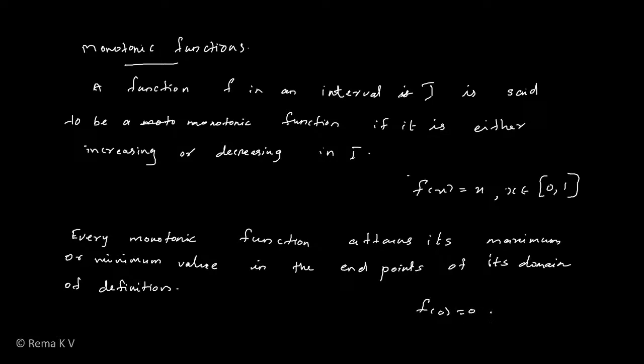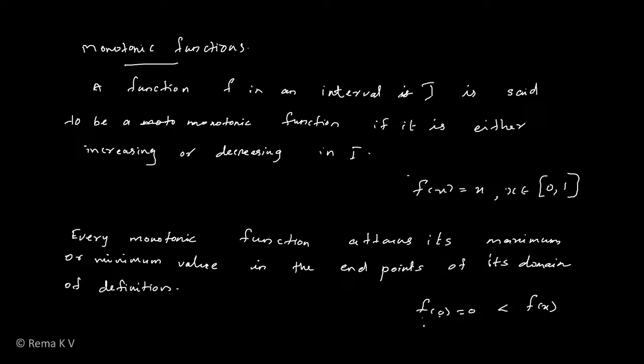Therefore, 0 is called the point of minimum value, and f of 0 is equal to 0 is called the minimum value of the function, which is attained in the end point of this interval.